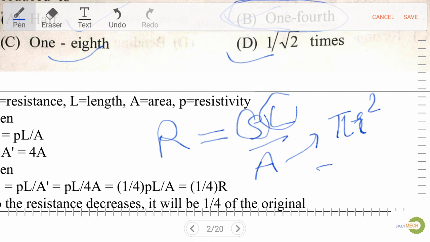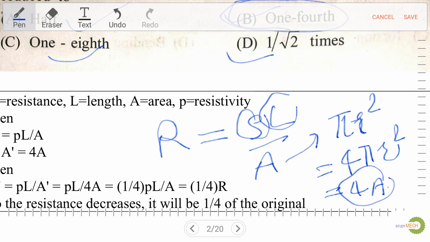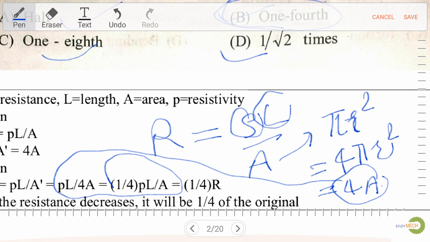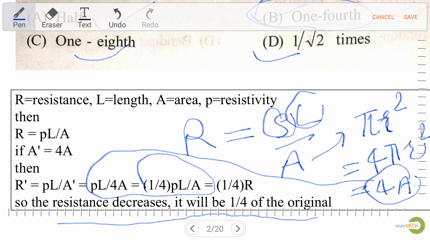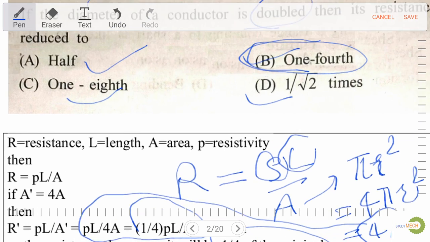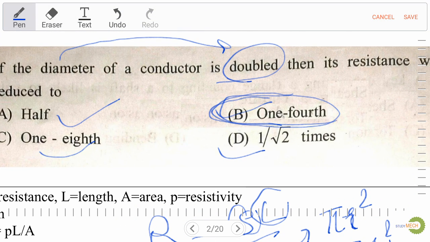So our next equation is 4 pi r square. So here we can write 4 into A. Now by utilizing this value in our main equation, we have 1 upon 4 into rho L by A. So the resistance decreases and it will be 1/4 of the original. So our final answer is option B 1/4.